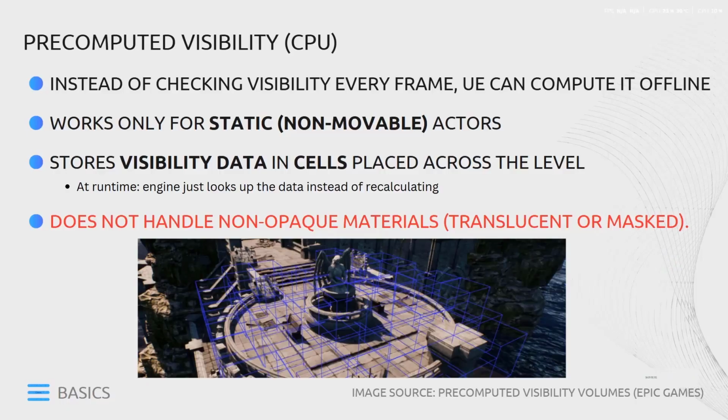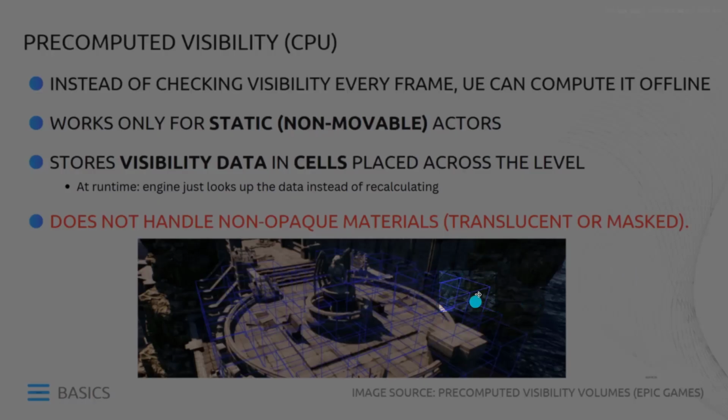For pre-computed visibility, it also uses the CPU, and instead of checking visibility every frame, we can save this information in some boxes we call cells. In these cells, I save what I need to see if our player goes inside the cell. And of course, we don't create pre-computed visibility manually. We just put some volume and alright.